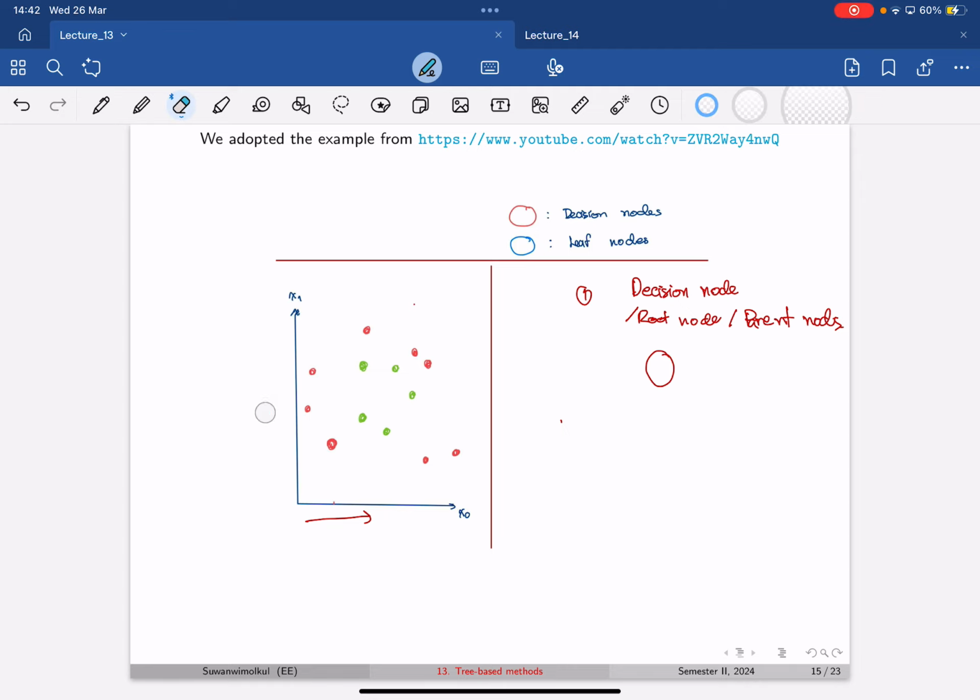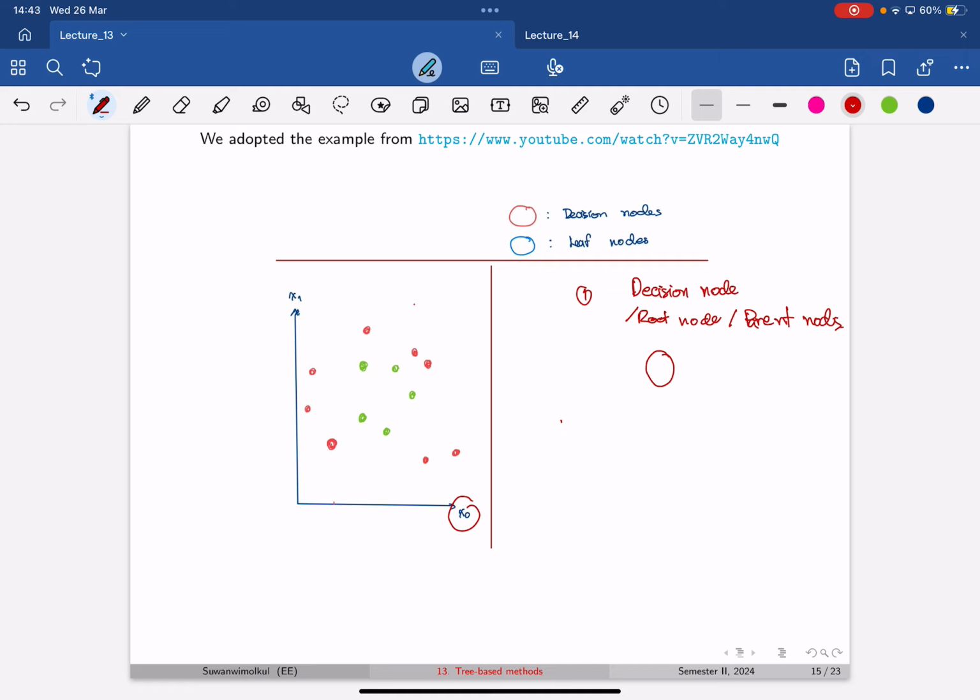In this case, let's say I start off with x0 first. When I start off with x0, I will sort the values of the samples along the x0 axis and see where I can make a decision line. And that decision line is made when you are able to put samples of a certain class together.